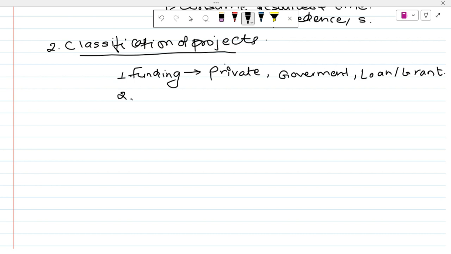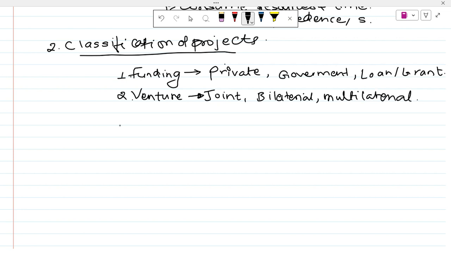The second type of project is a venture. Based on the venture, this can be joint, bilateral between two countries, or multilateral between multiple countries.